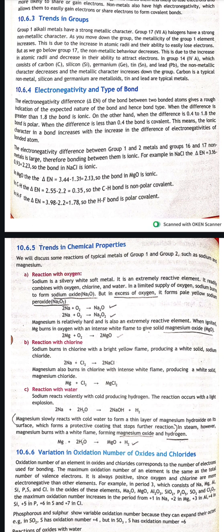This is due to the increase in atomic radii and decrease in their ability to attract electrons. For example, in group 4A, which consists of carbon, silicon, germanium, tin, and lead, the non-metallic character decreases and metallic character increases down the group.